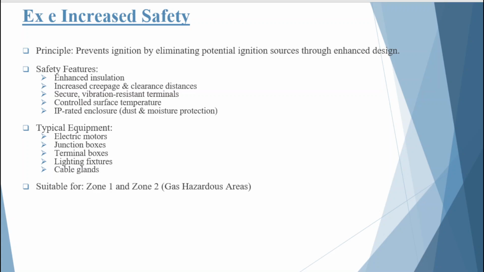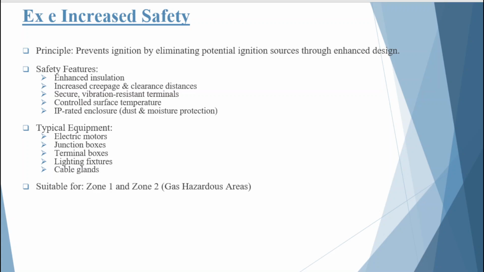Another important feature is secure, vibration-resistant terminals. In industrial plants, equipment is often subjected to continuous vibration. Loose electrical connections can generate heat or sparks, so XE equipment uses specially designed terminals that remain secure during operation.